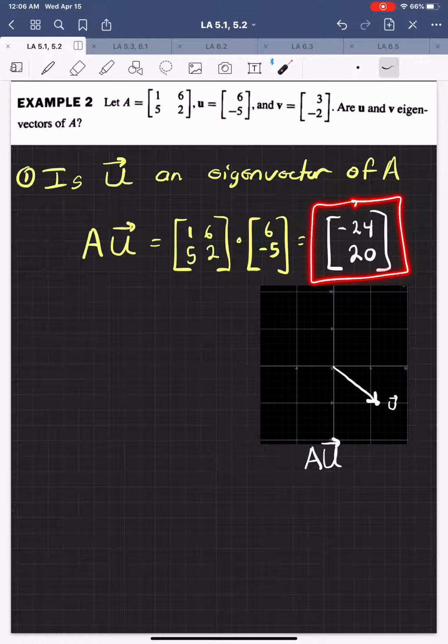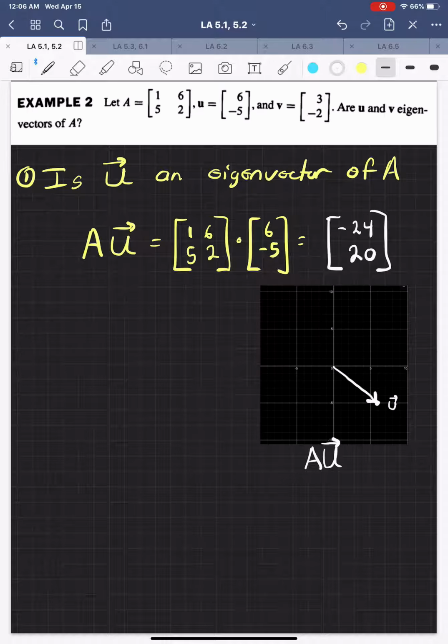Is there a number that you can factor out of both negative 24 and 20? Well, for sure, 4 goes into both. In fact, I'll just factor out a negative 4, because what we would want is for it to be a multiple of this.